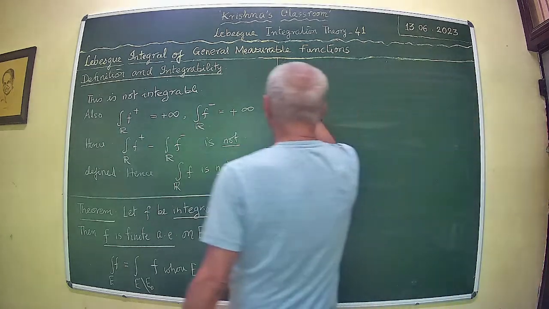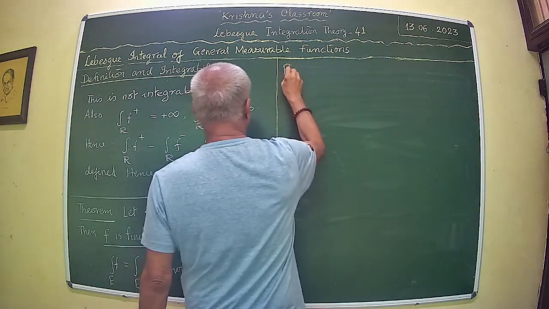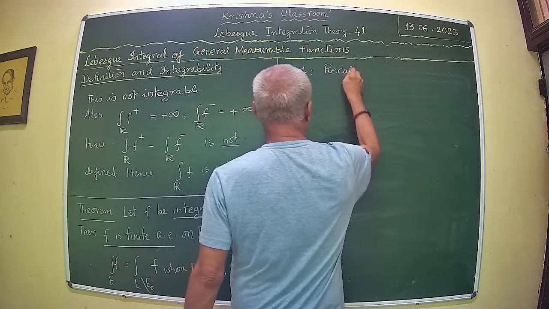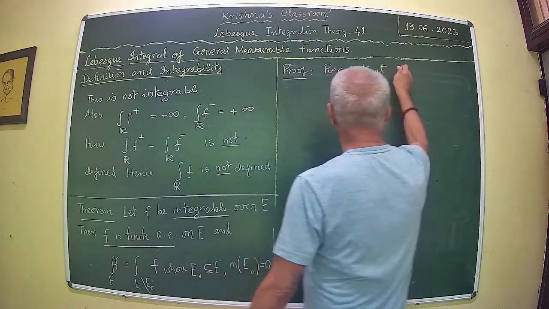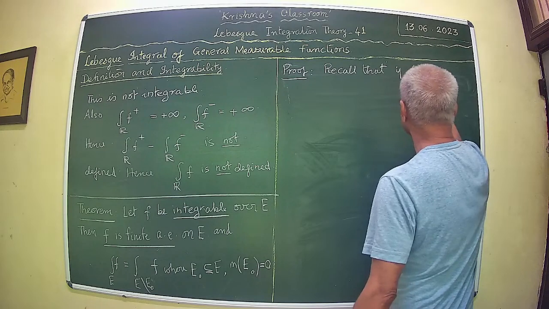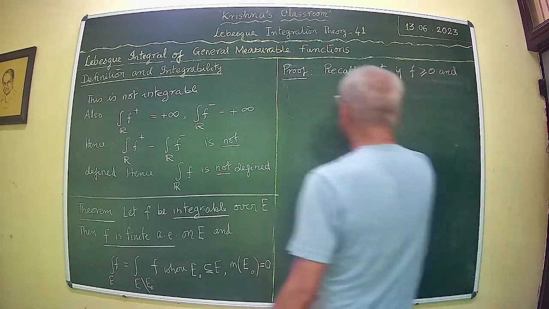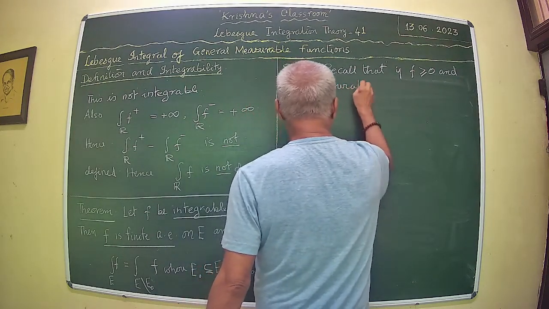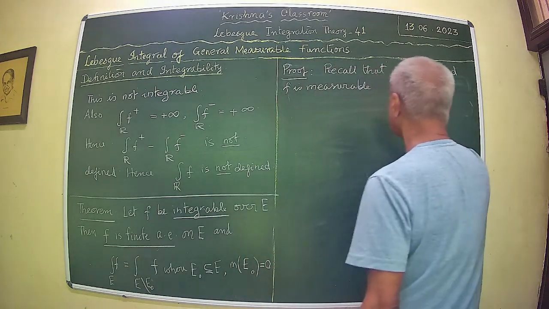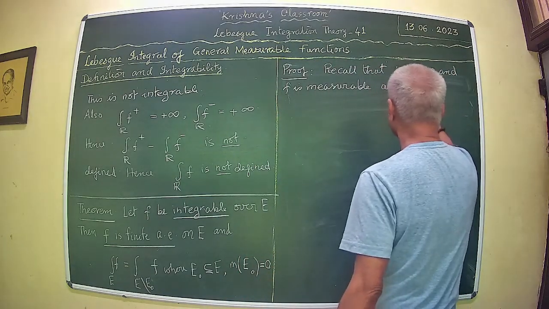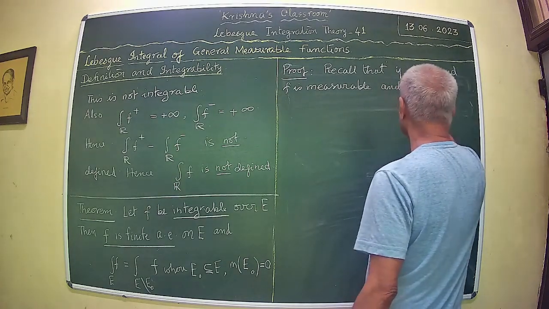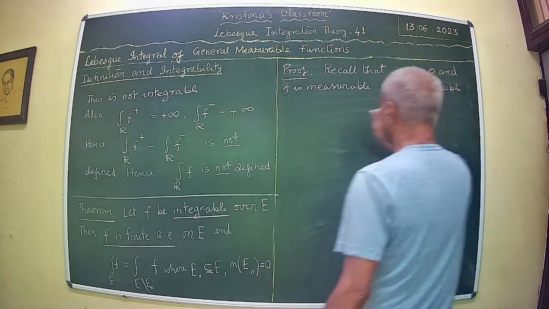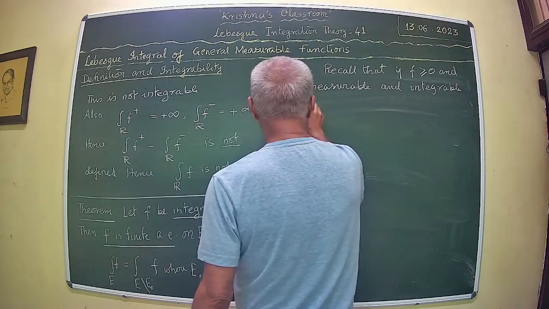So recall: f is measurable and integrable. That is, the integral over E is finite.